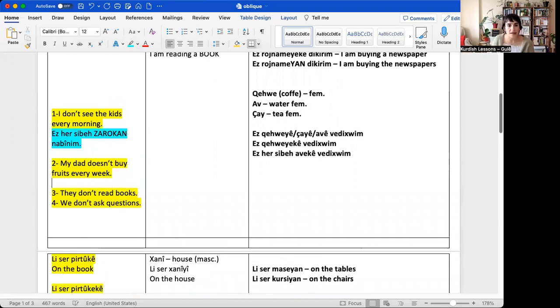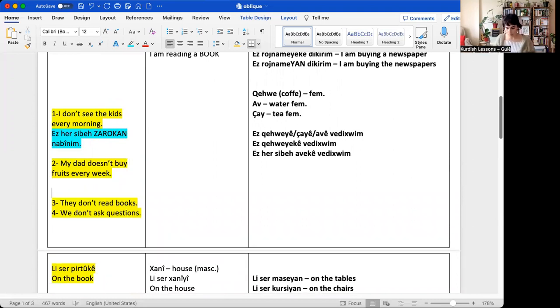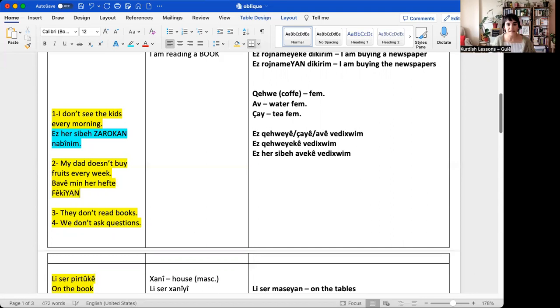My dad doesn't buy fruits every week. Nabinum, her hafta. So fruit is feki, and we need plural form fekiyan, nakre. Bavemen, her hafta, fekiyan, nakre.